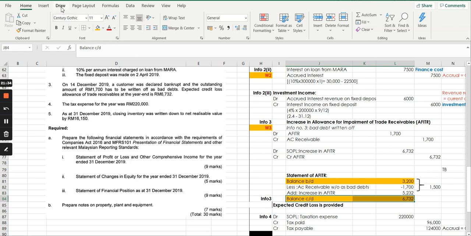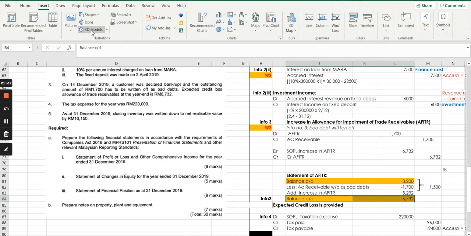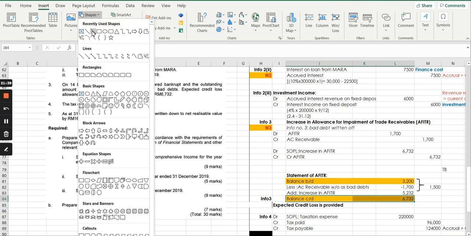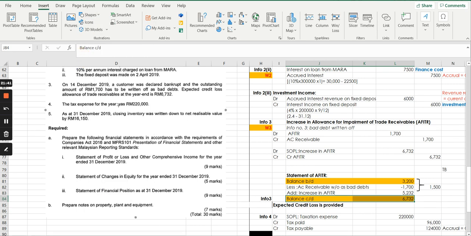Let me just highlight this for you. We are talking about this allowance here.